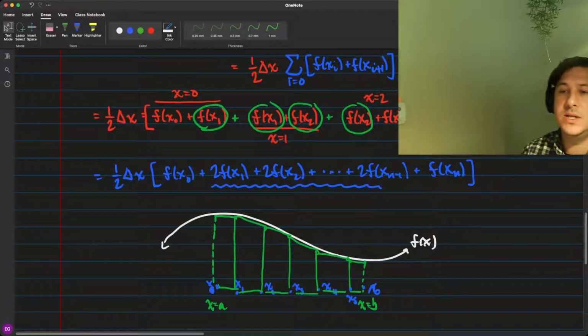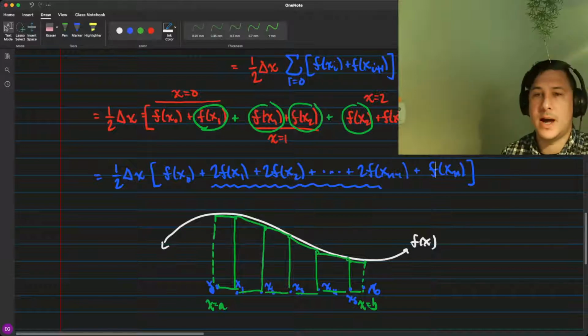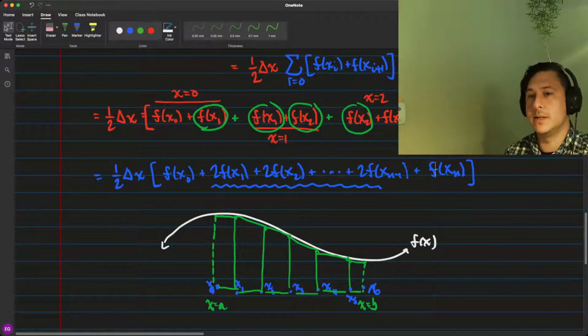And what we're going to do is look and see how much more accurate the trapezoid rule is compared to a Riemann sum.